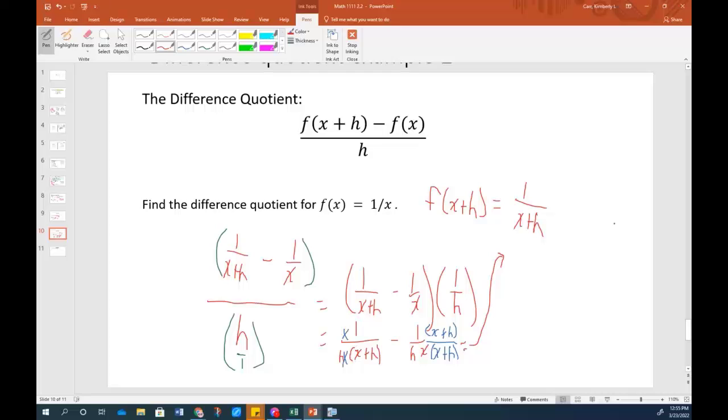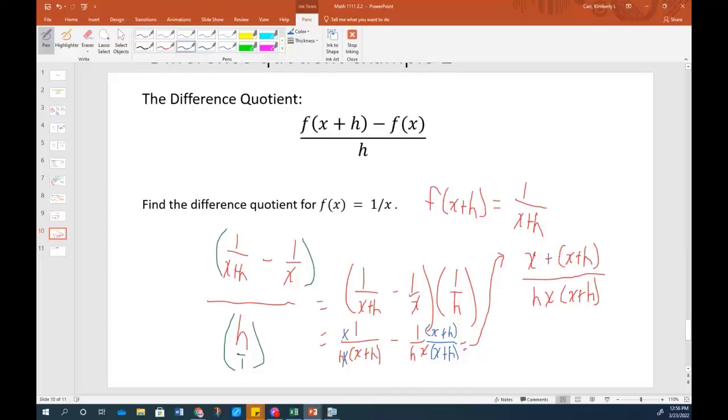Well, this first numerator is an x. Going across the top, I have minus x plus h. And it's all over h, x, and x plus h. Now on the top, again, because I have that negative, I need to distribute it.